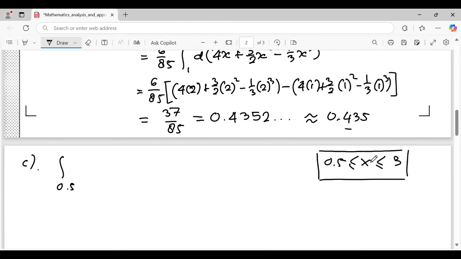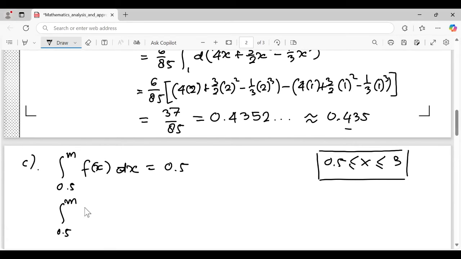Now, the median is positioned between 0.5 and 3. So I would like to write here the median of f(x): the integral of f(x) dx equals 0.5, or half, because the median is half of all data, right? And it becomes the integral from 0.5 to the median.